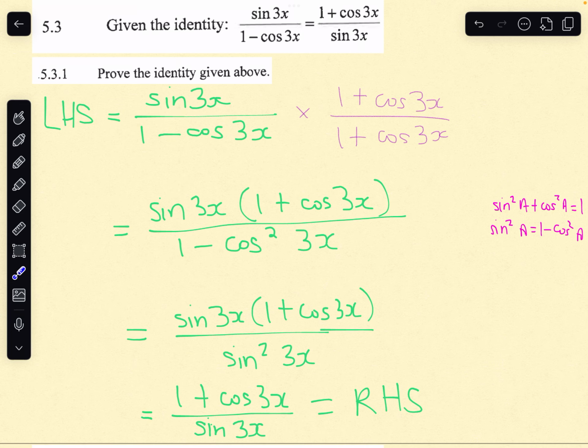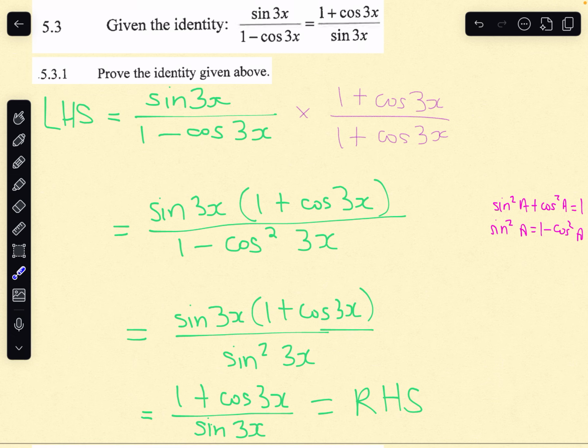And then they rewrote the sine squared 3x as 1 minus cos squared 3x. And then they factorized that difference of squares, which then cancelled out. One of the factors cancels out with this guy. So you kind of end up with the same potato, but it's another way that you could have done it.